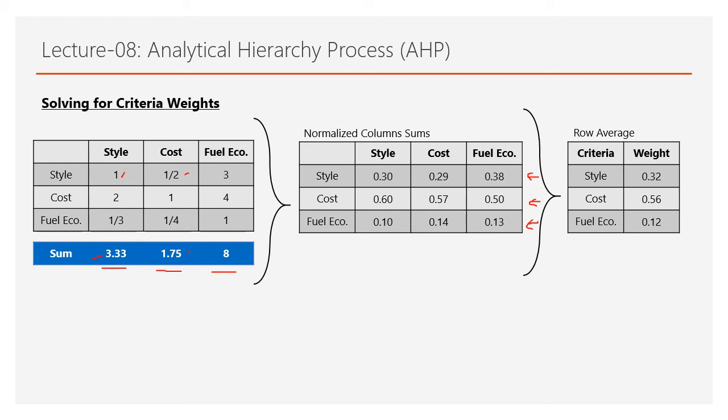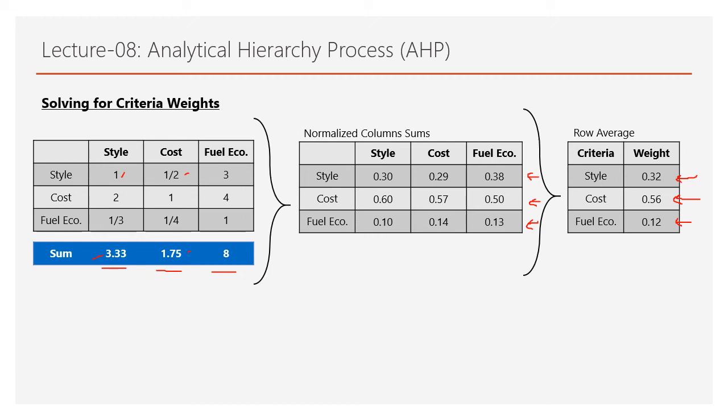So now, how can we read this? We read that cost apparently is the most important, followed by style, and then fuel economy. This comparison, based on the actual preferences that we put in the table, leads us to these corresponding weights.